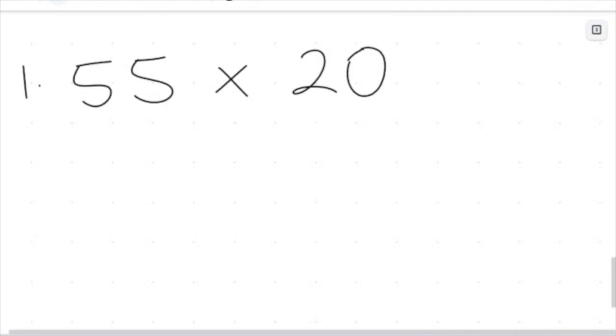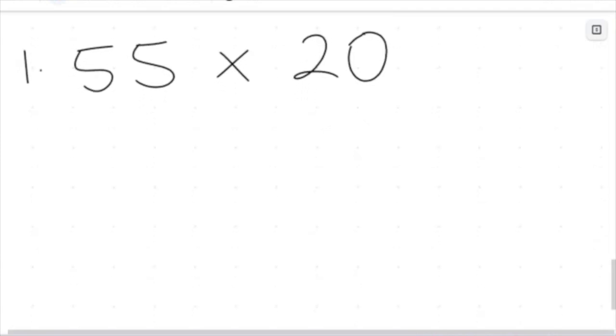So what I want to do is I want to split these numbers up. I want to break these down into their factors, the numbers that make them up, based on what we know about our times tables. And then I'm going to use both my associative and commutative law.